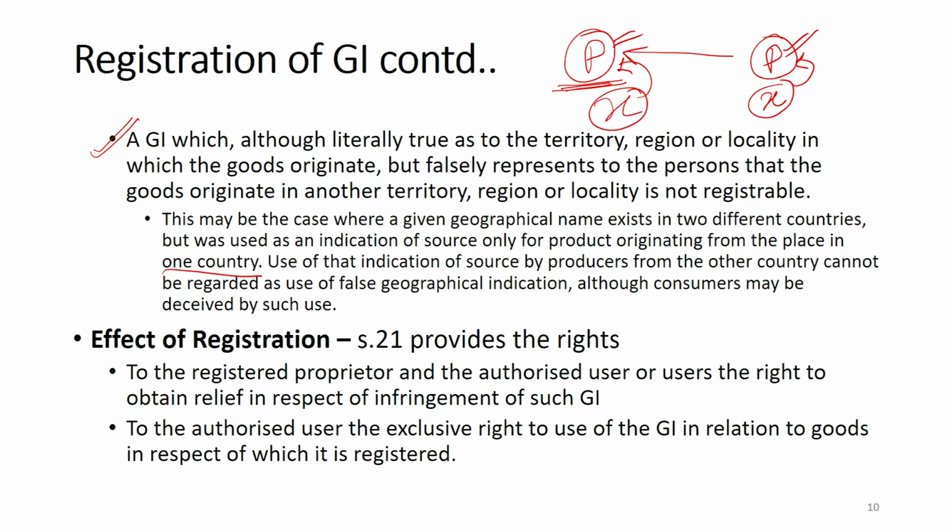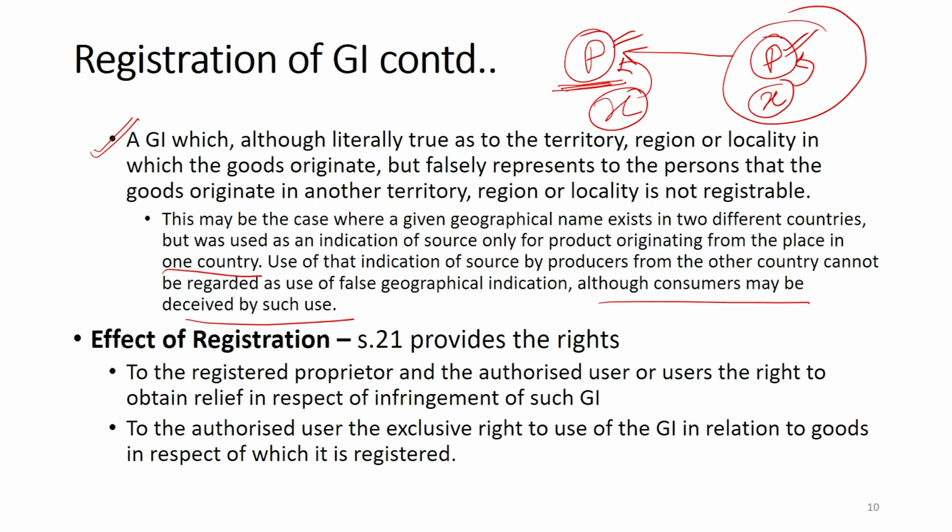Use of that indication by producers from the other country cannot be regarded as use of false geographical indications. This is not false because I am using the literally true name. But then the problem is consumers may be deceived by such use. If that is the case, the GI will not be registered in India.